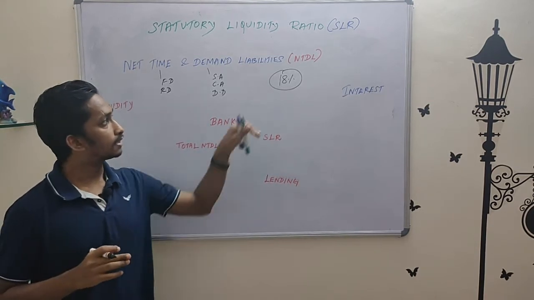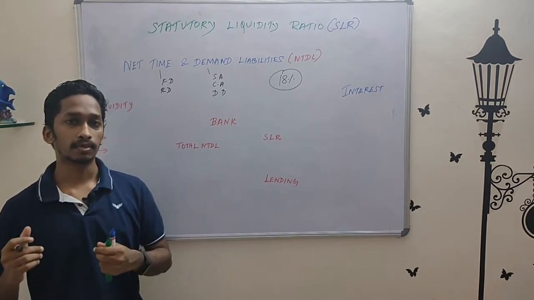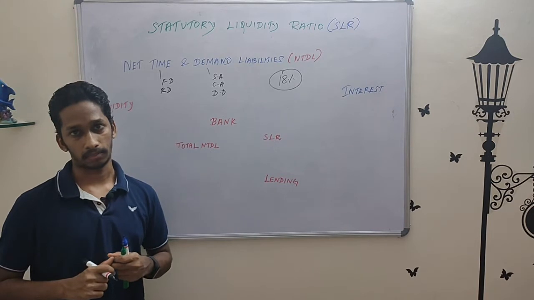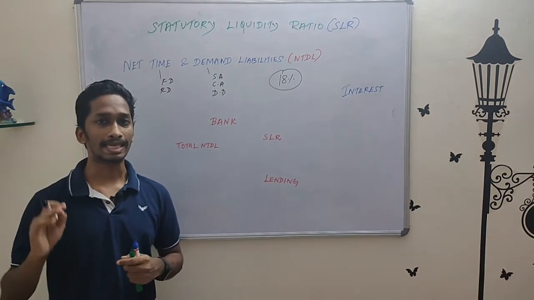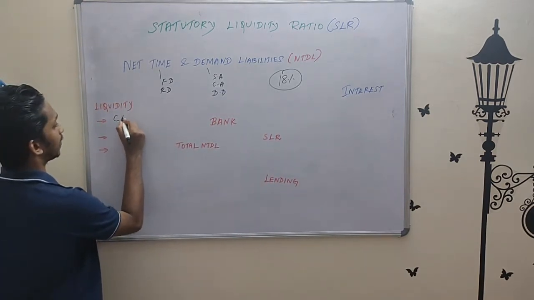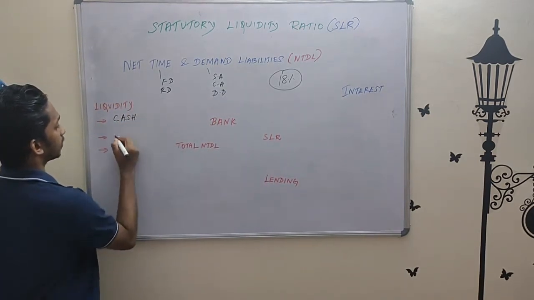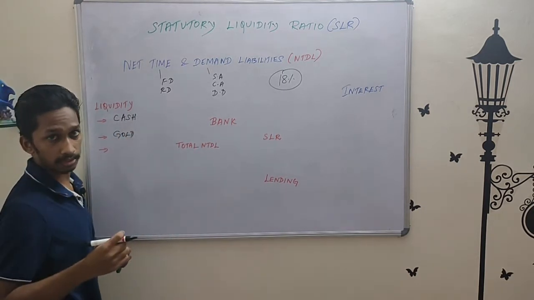True. The thing is, SLR is supposed to be liquid as well as give a bit of income back to the bank. So how would you save SLR? It's called liquidity, right? So you can do it in three ways. The first one is cash, the second one is gold, and the third one is government securities.